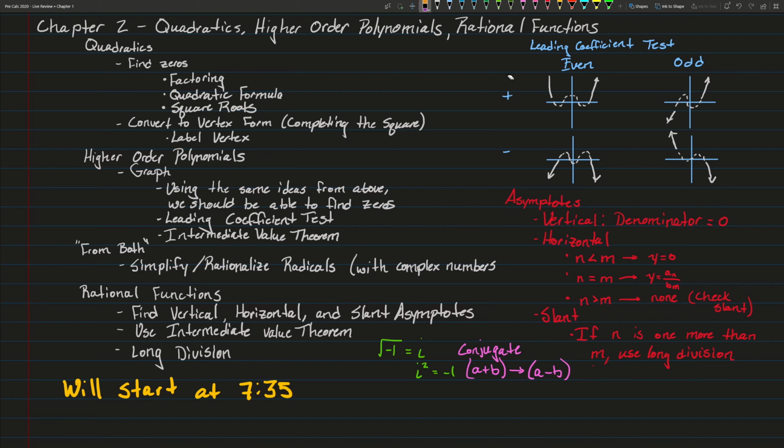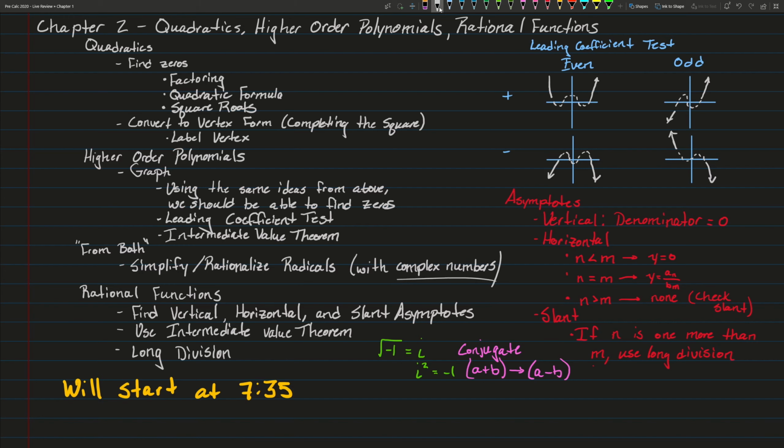Then we talked about higher order polynomials. Our only goal for those is to be able to graph them and work with them using the same ideas that we did with quadratics. So we should be able to find zeros, use the leading coefficient test, and use the intermediate value theorem. Our goal is to graph them, but we have to do other stuff in order to do that. From both of those things, we need to be able to work with radicals, and specifically, we need to be able to rationalize them, possibly with complex numbers.